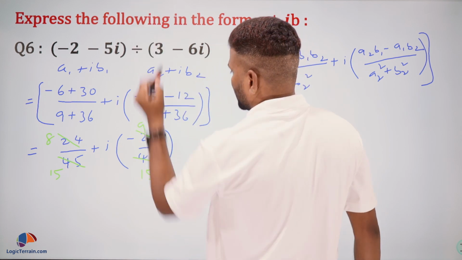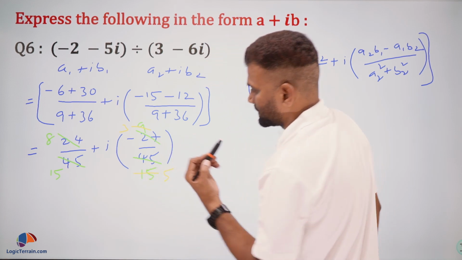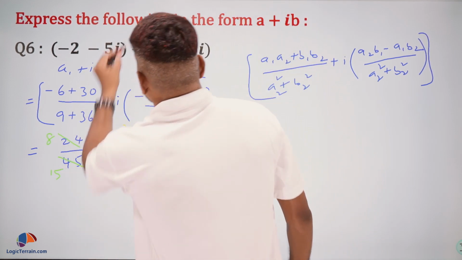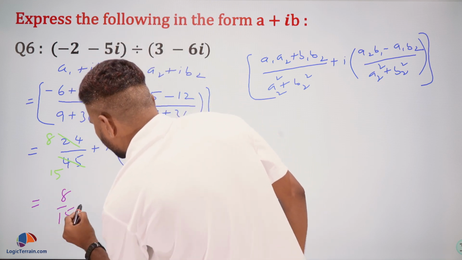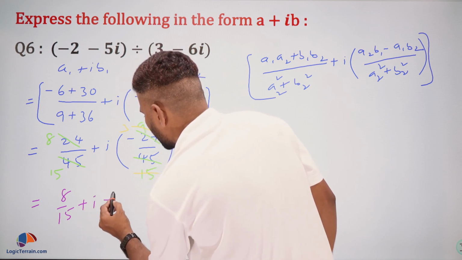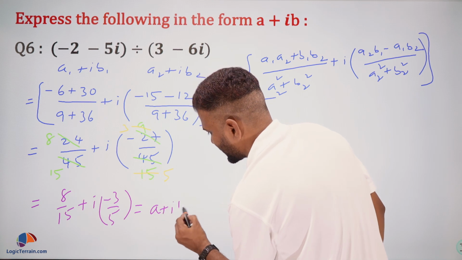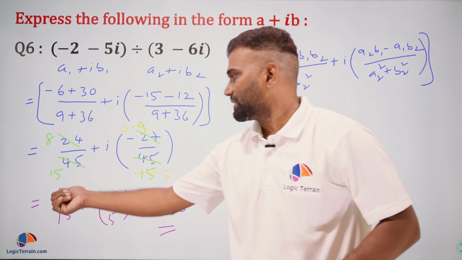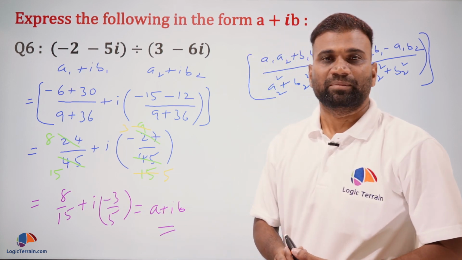Further we can divide, 3 3s are 9, 3 5s are 15. Then here we got 8 upon 15 plus i of negative 3 upon 5, which is nothing but a plus ib form. Here a is 8 upon 15 and b is negative 3 upon 5.